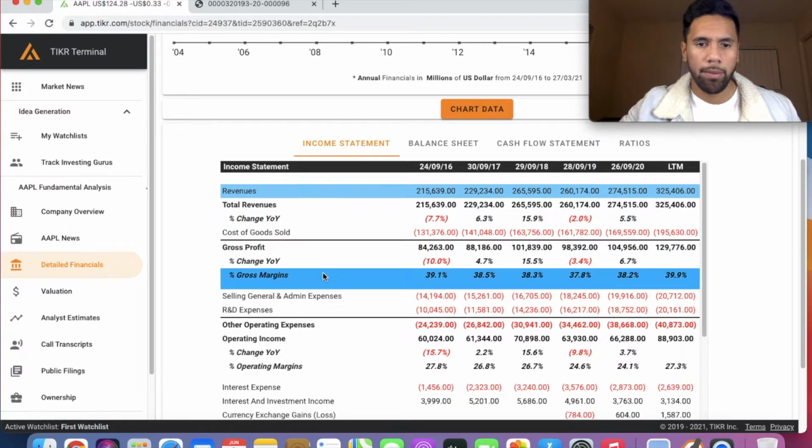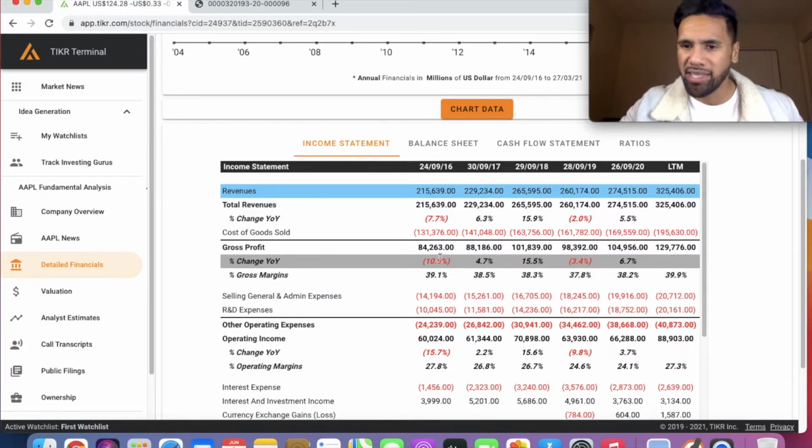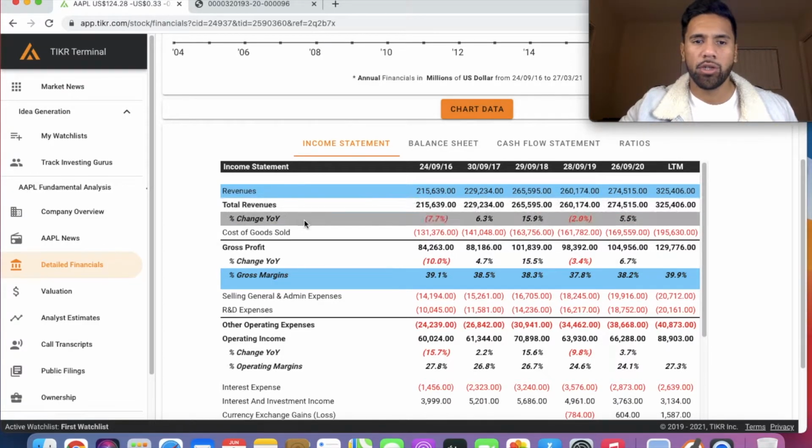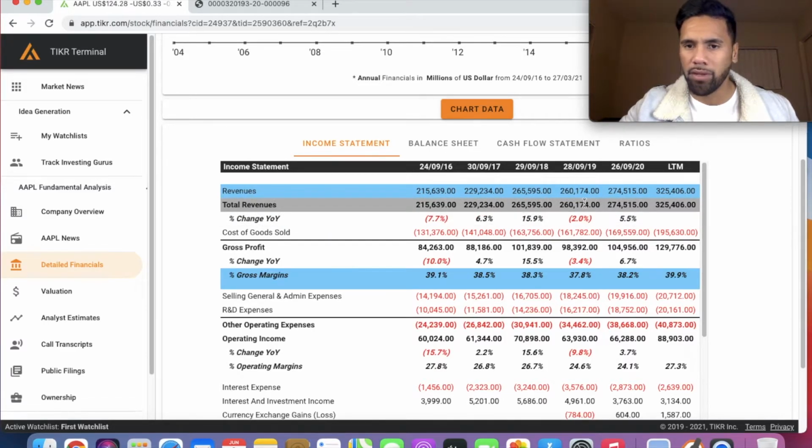But you can also see that Apple's gross margins are pretty steady. From 2016, they've been hovering around 39%. This gross margin is basically what percentage of their total revenue is gross profit. So they've got really healthy gross margins, 39%.